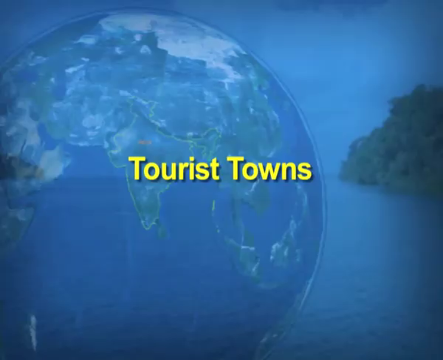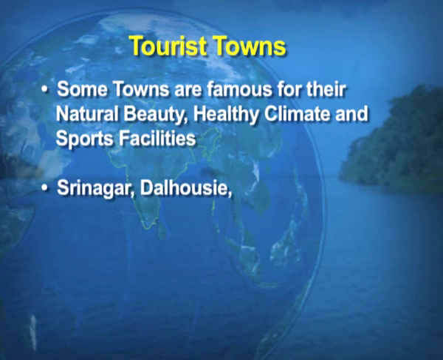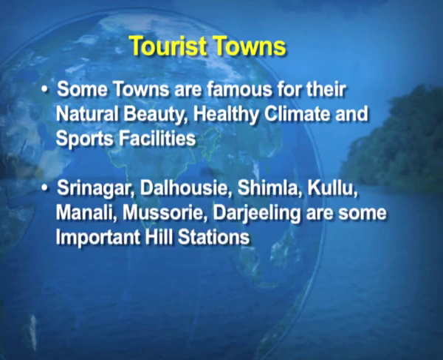And lastly, the tourist towns, the towns which are famous for their natural beauty, healthy climate and other facilities: Srinagar, Dalhousie, Shimla, Kullu. So, these are the best examples of tourist towns.